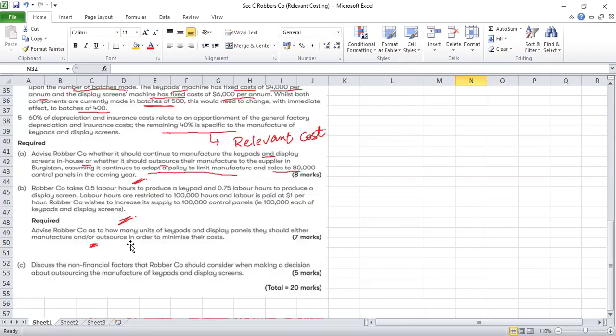Discuss the non-financial factors that Robert should consider when making a decision about outsourcing the manufacture of keypad and display. There are a number of outsourcing factors.